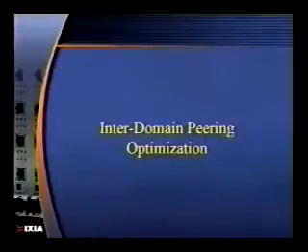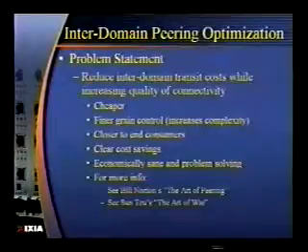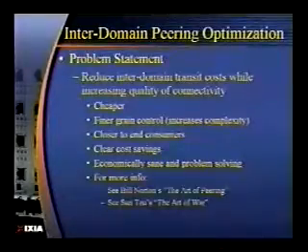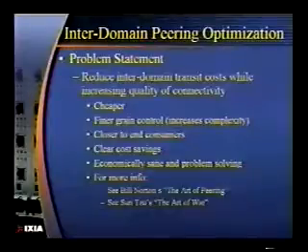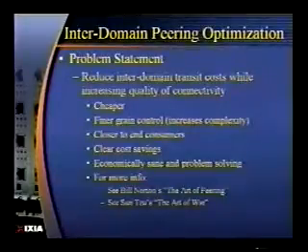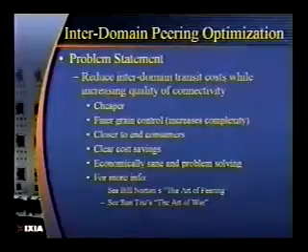So the first problem statement that I thought we'd talk about is inter-domain peering optimization. The problem statement for that, as I see it, is reduce your inter-domain transit costs while increasing quality of connectivity. Clear business win there. You reduce your costs, it's cheaper, you gain finer grain control of your traffic, and while that can increase the complexity, complex BGP implementations isn't new to anybody here, I don't think.